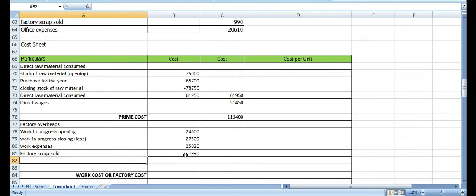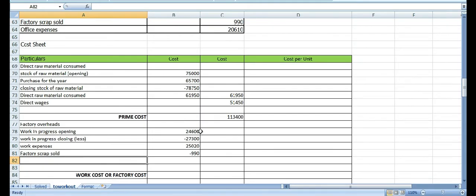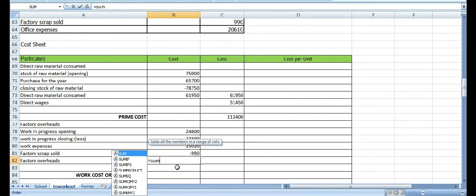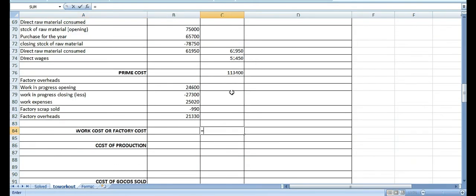Otherwise, you would have added it if it were an expense. So this sum will give you the overall factory overhead cost. So factory overheads we have calculated. So prime cost with factory overheads will give you the work cost or factory cost.